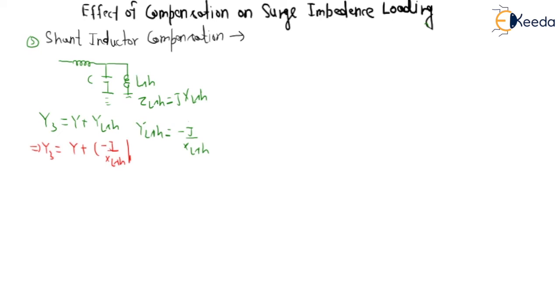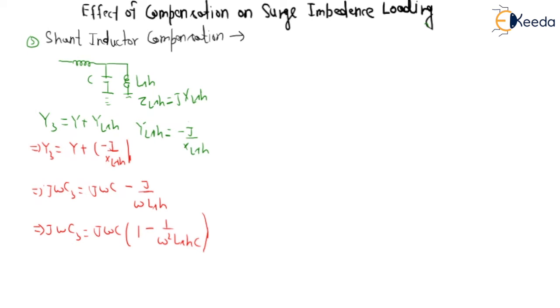So j omega C3 is equal to j omega C minus j upon omega LSH. So j omega C3 is equal to, taking j omega C common, we can write 1 minus 1 upon omega square LSH into C.